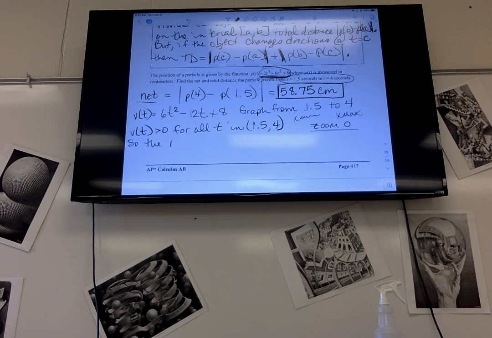So the particle is moving right the whole time. So net distance equals total distance. So they're both 58.75 centimeters.